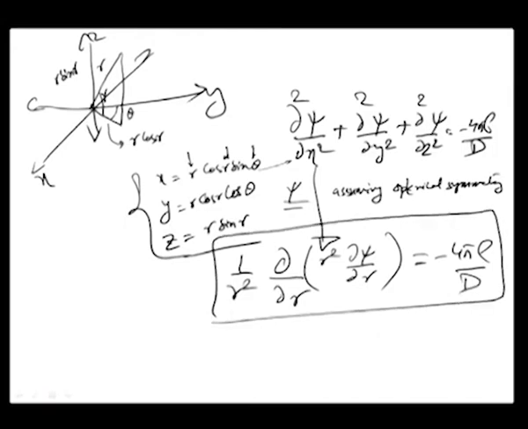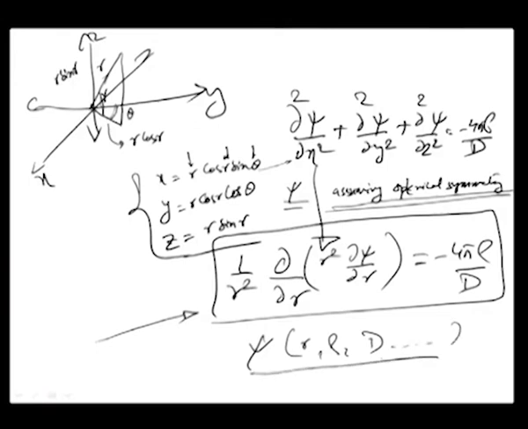This is the equation in spherical or polar coordinates, assuming that there is spherical symmetry and no variation along the angles gamma or theta. The only variation is along the radius vector r. We now want to solve this so that xi comes as a function of r, rho, dielectric constant d, and so on, and it is then amenable for us to find out the work done by a charge at infinity to come very close to the surface in question, which is A, where the potential is xi.